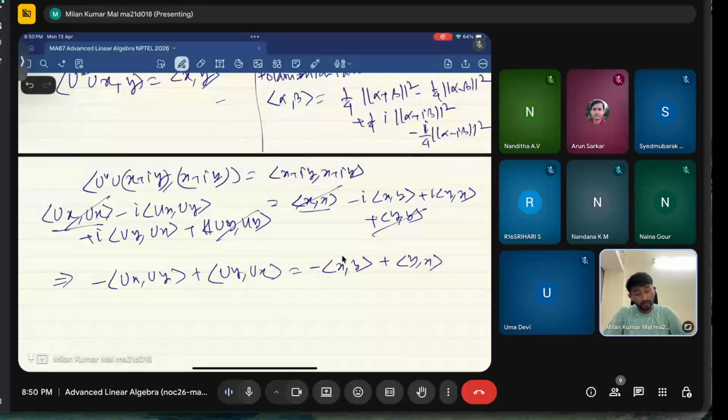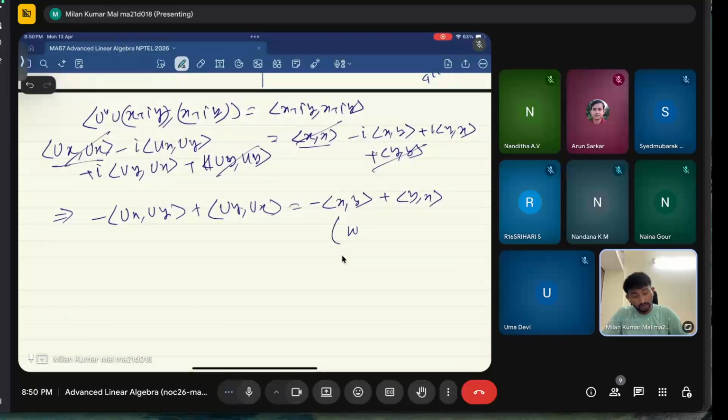So here what we have used is that the inner product of ux, ux is actually equal to norm of x squared, that is equal to the inner product xx.